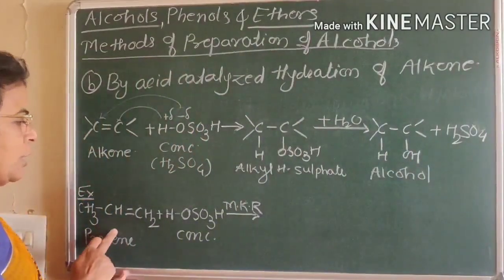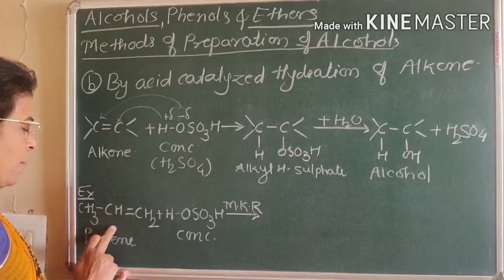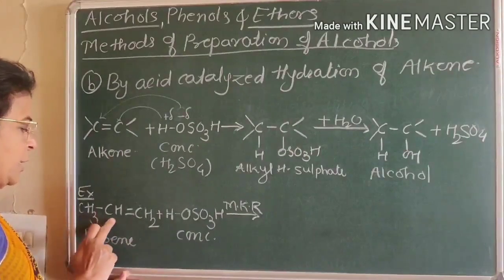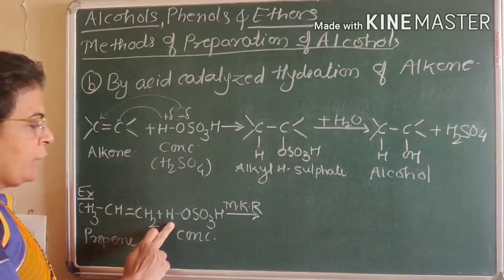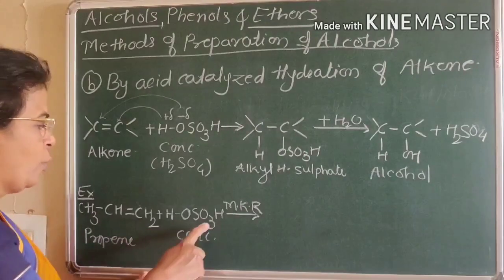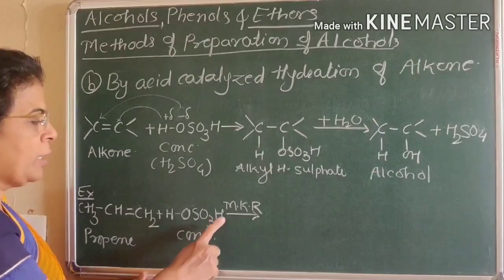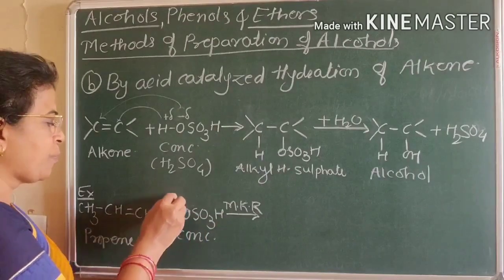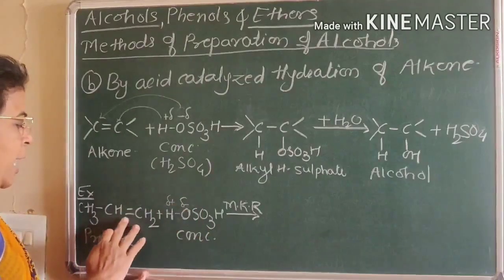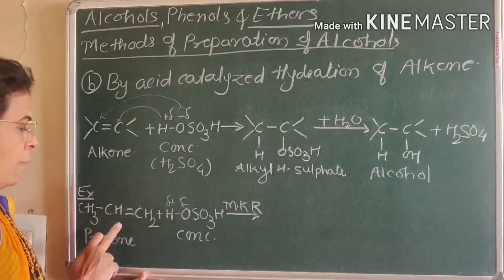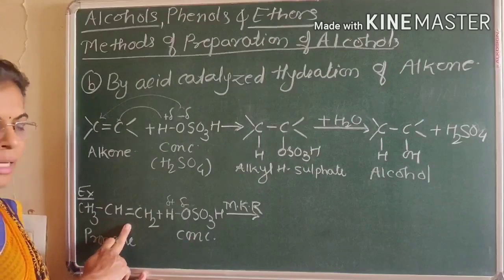Now we are going to see the example. This compound is propene, CH3CH double bond CH2. When this compound is treated with concentrated H2SO4, addition of H2SO4 takes place across the double bond of the alkene. But this propene is an unsymmetrical alkene.